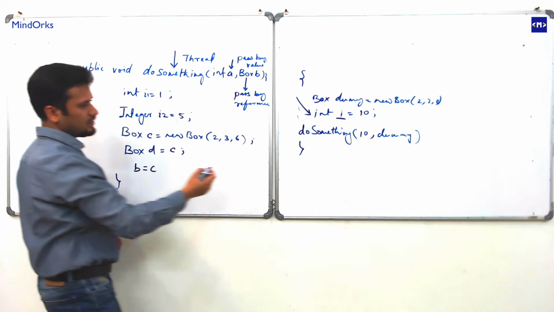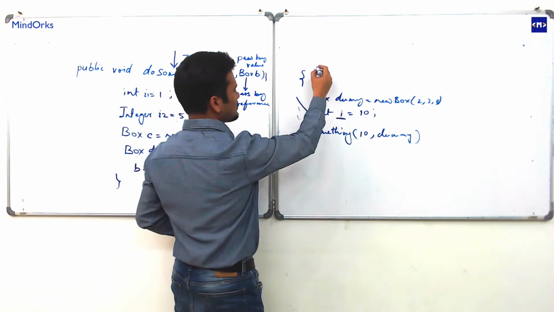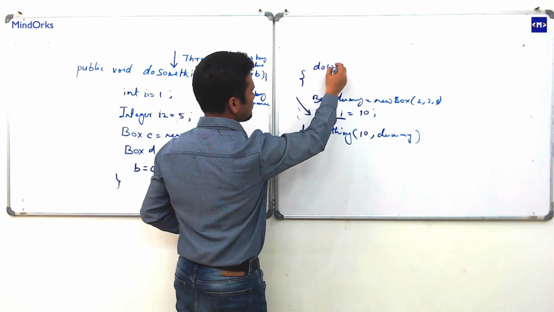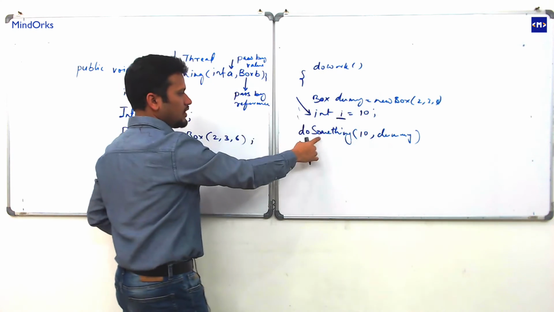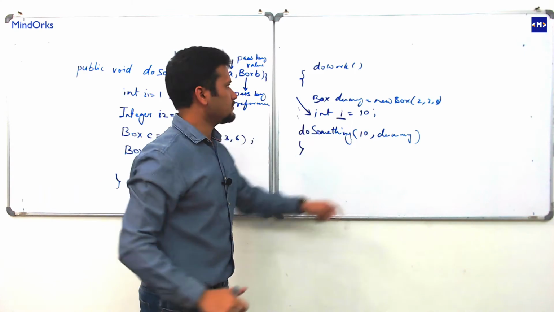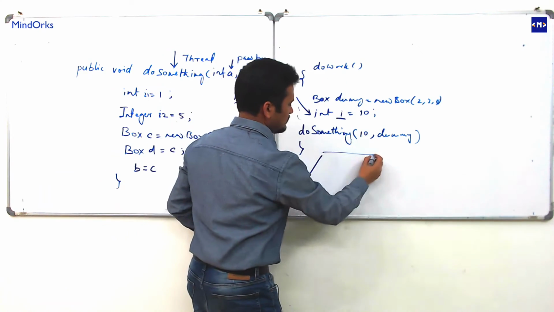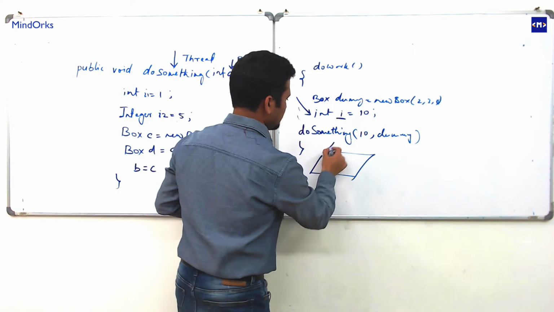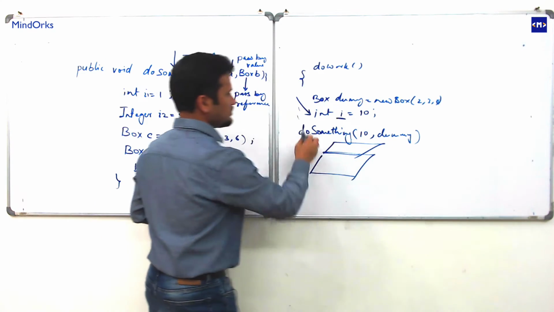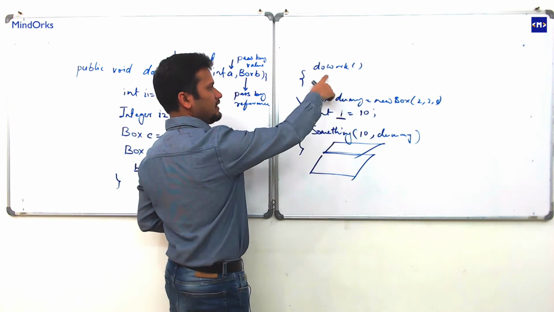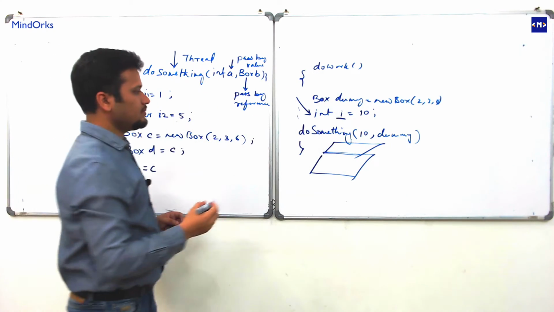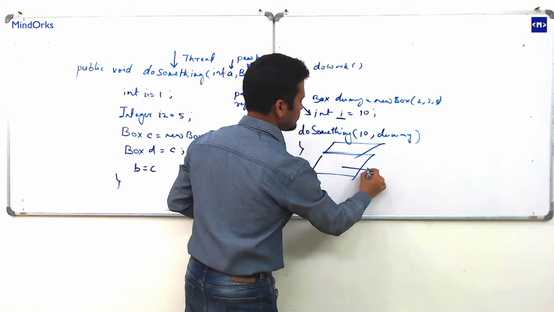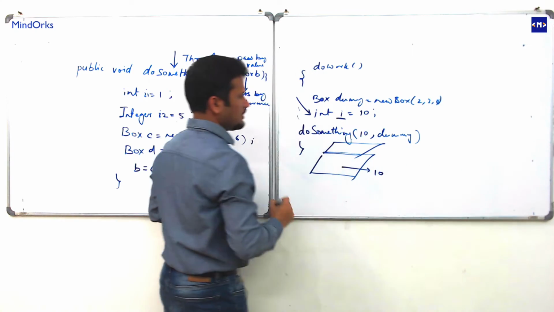For example, do work called do something with these values. Do work will create one node, and do something will get another node. So this int i was in the do work body, so it will be in this node.